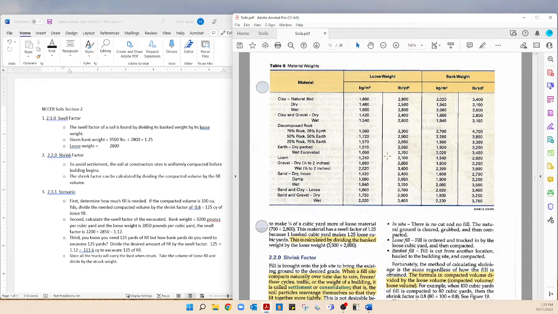You would go bankrupt, because if you took 1,000,000, how many is that? 1, 2, 3, 4, 5, 6 zeros, and you multiplied it times a swell factor of 1.25, that equals 1.25 million.